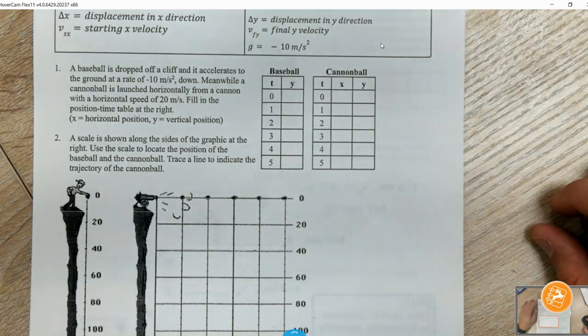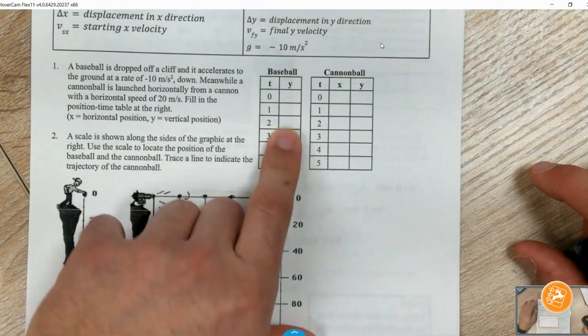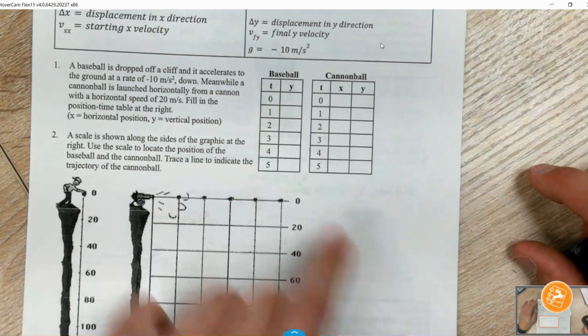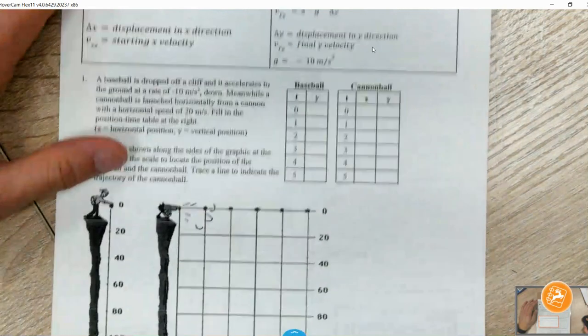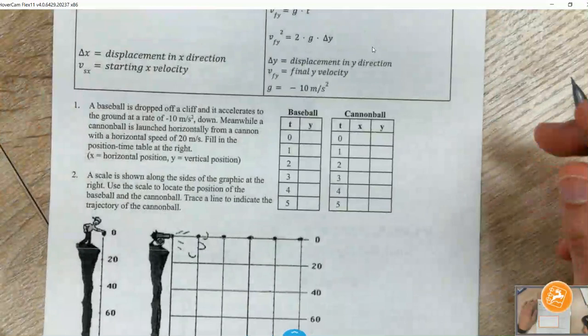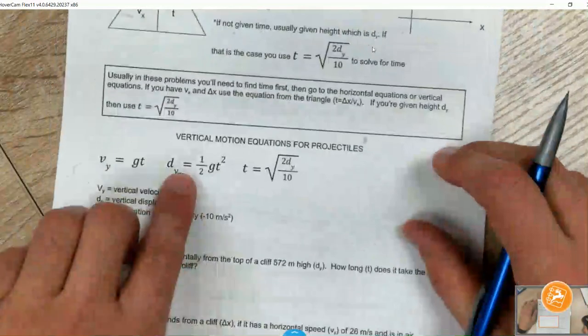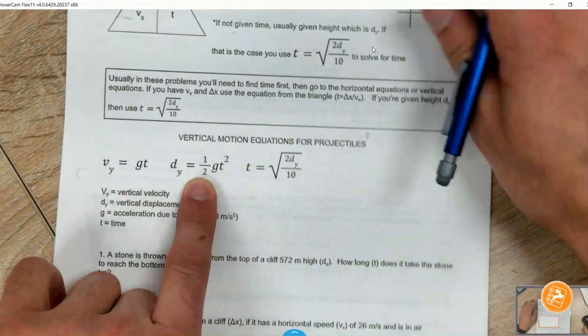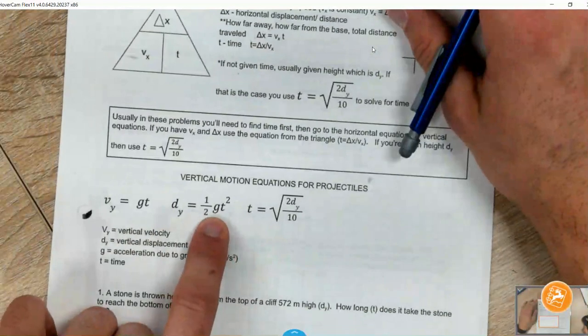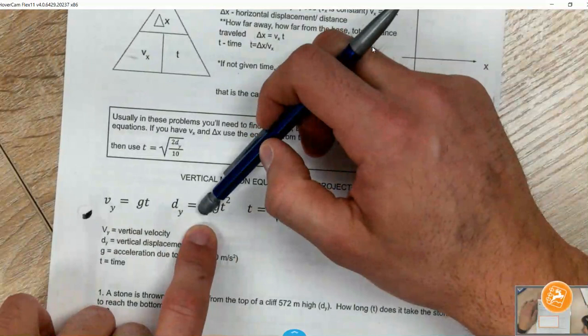So first, we have to figure out the heights of the baseball. For the baseball, your y would basically be our dy. So it's going to be 1/2 gt squared. You're going to square the time, and then what's 1/2 of negative 10?